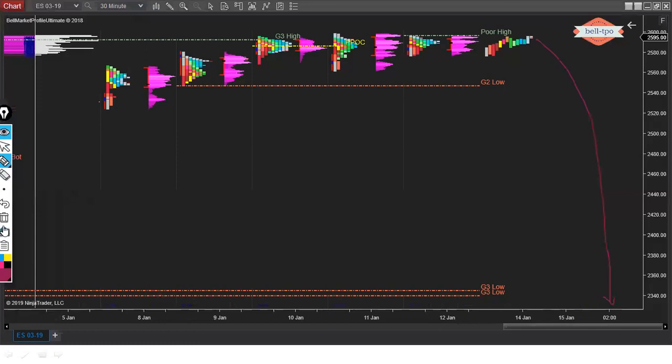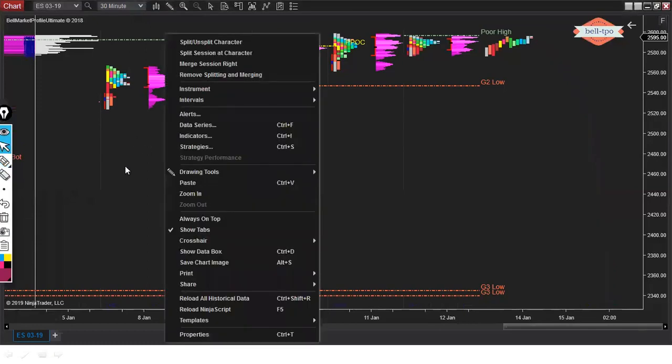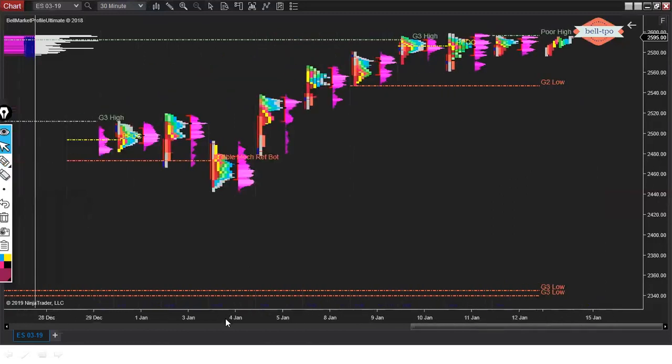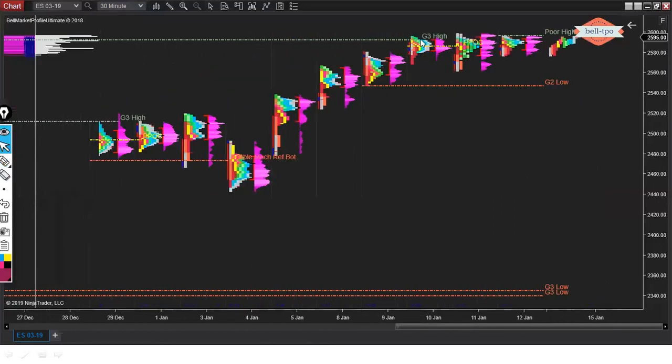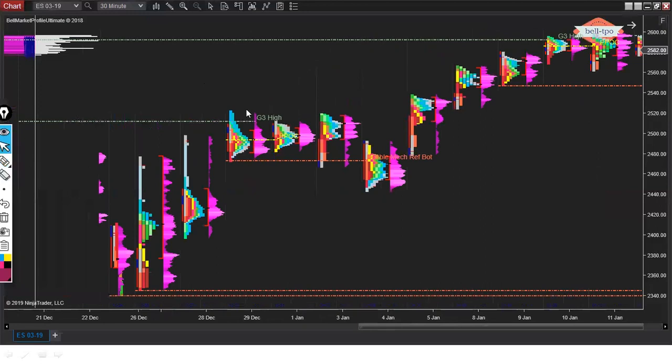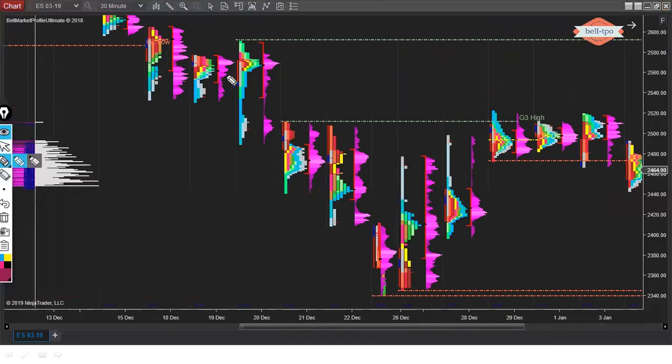At the same time, we also had a back-to-back G3 high. I think some of the G3 highs got cleared. One of the G3 highs was there, and it got cleared. One more G3 high, a back-to-back G3 high, got cleared. When the price was dropping from here, we got a back-to-back G3 high.